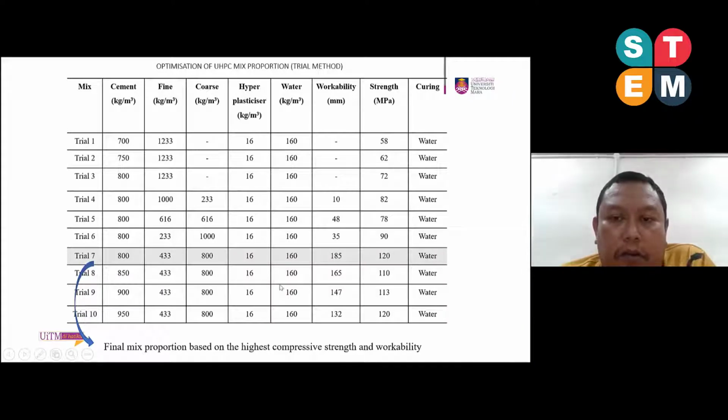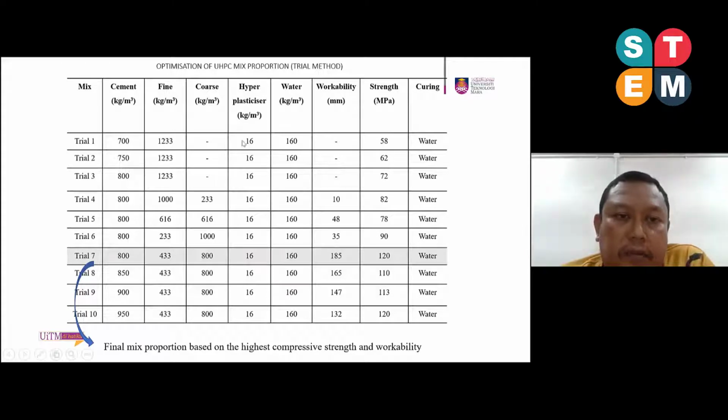Okay, right. So this is how I optimized the mix for my design based on several trials, and I locked the workability, which can achieve around 150 to 200 mm in terms of slump, and the strength can achieve up to 120 MPa at 28 days.